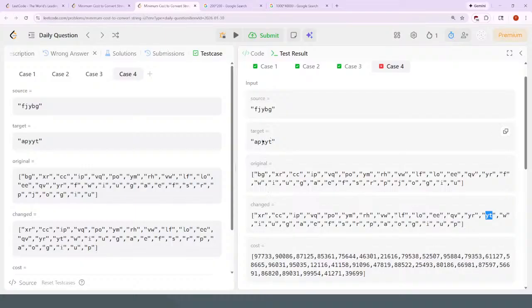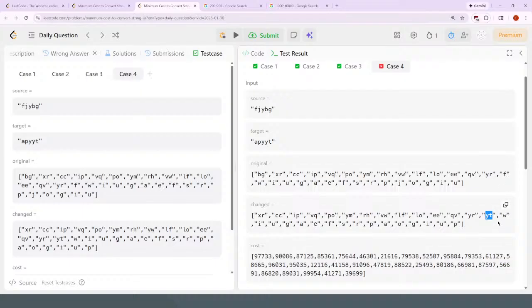Looks like there's a staggering here. BG to XR, XR to CC, CC to IP, back and forth until it's YR to YT. Same thing with the single letter, maybe.